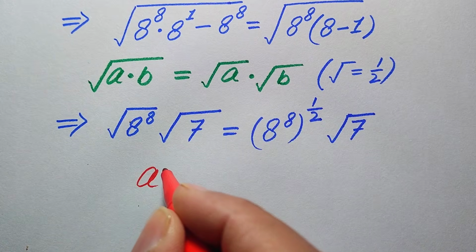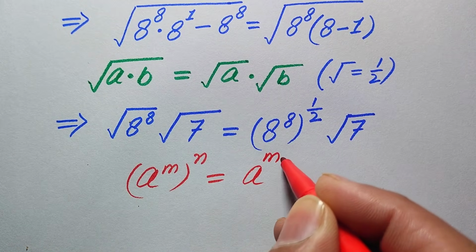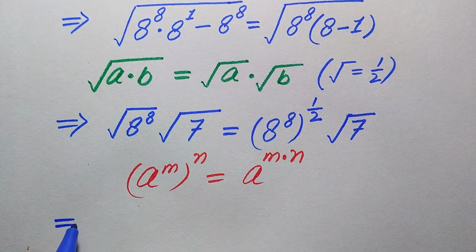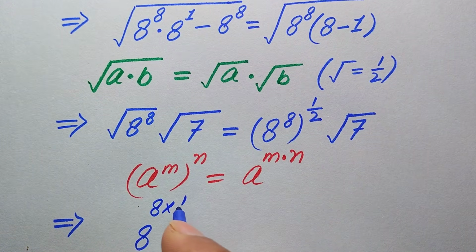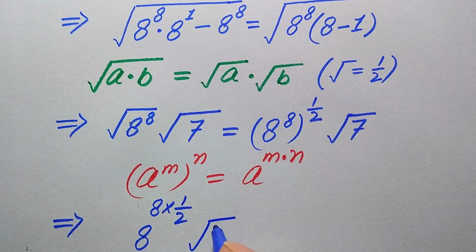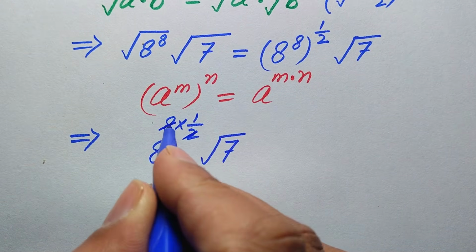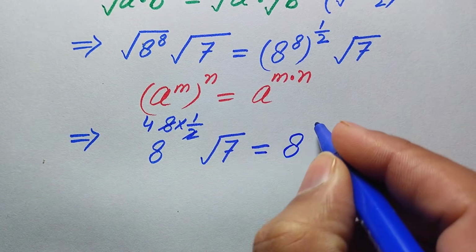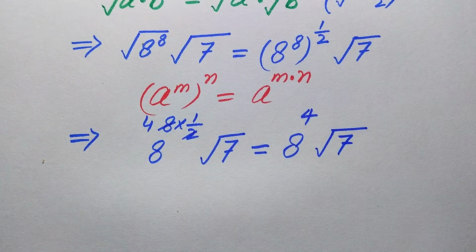You know that a to the power of m to the power of n is equal to a to the power of m multiplied by n. So we multiply these two exponents, and it will be written as 8 to the power of 8 multiplied by 1 over 2, times the square root of 7. And now we cancel these terms. 2 times 4 becomes 8, and this term is equal to 8 to the power of 4 multiplied by the square root of 7.